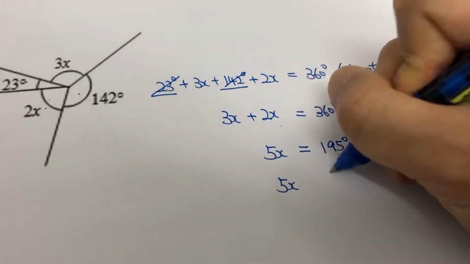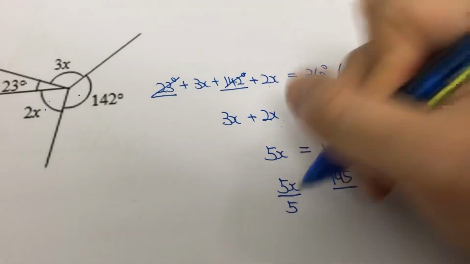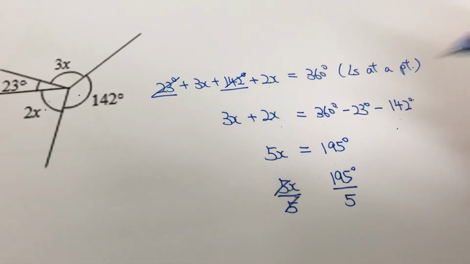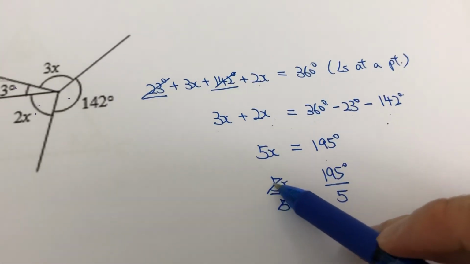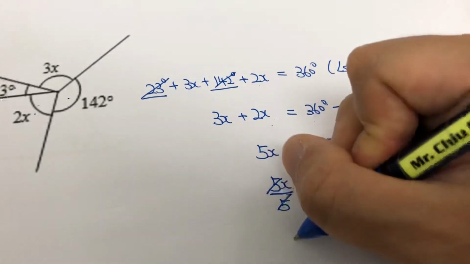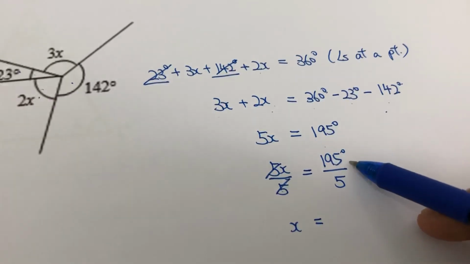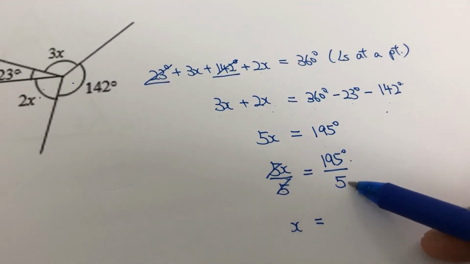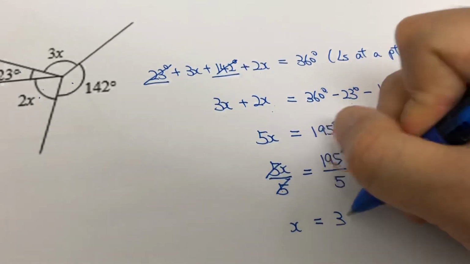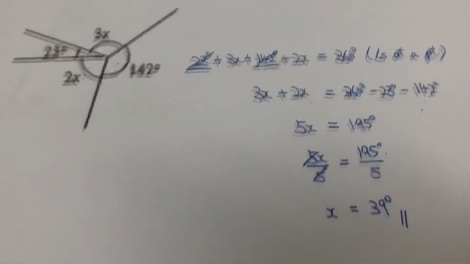We should divide both sides by 5, so that the coefficient 5 and divided by 5 could be cancelled out. Then we have x left behind. X equals to 195 divided by 5 becomes 39 degrees. Okay?